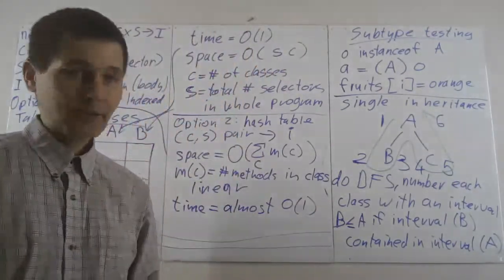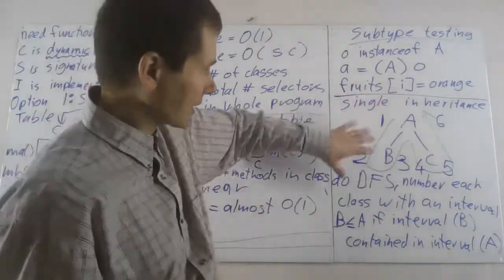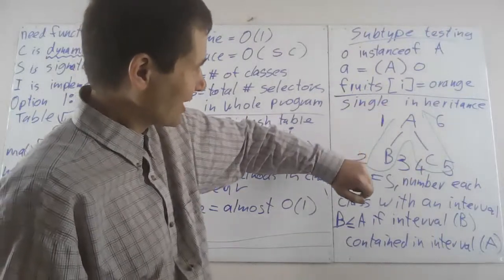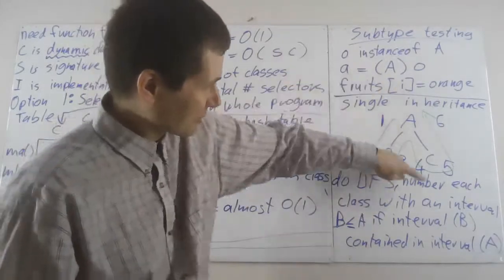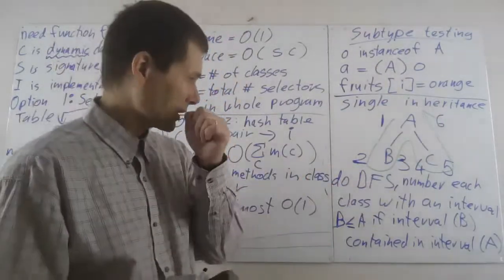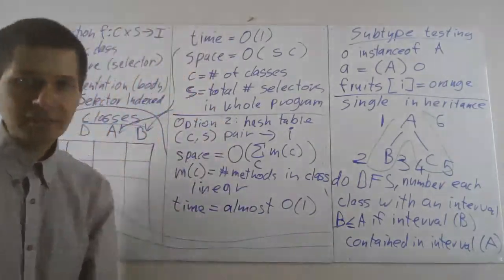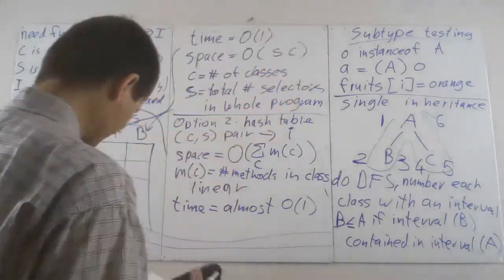All right. But this only works for single inheritance, because you need this inheritance hierarchy to be a tree so that you can do this depth first search on it and number the nodes. And of course, in Java, with interfaces, we can have multiple inheritance.